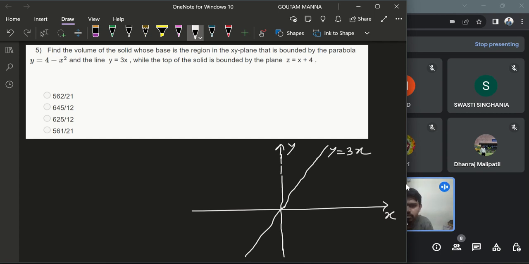So when x equals 0, y is 4, and when y equals 0, x will be plus 2 and minus 2. So these are the points the parabola will pass through. So this point is 2, 0, this point is minus 2, 0. Okay.